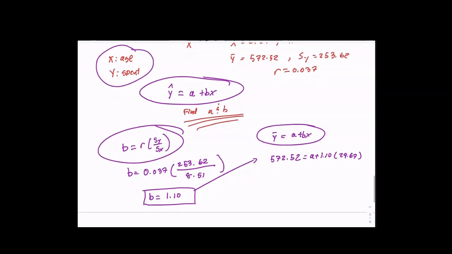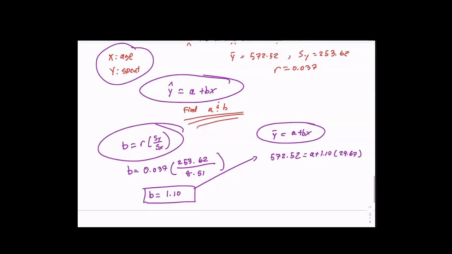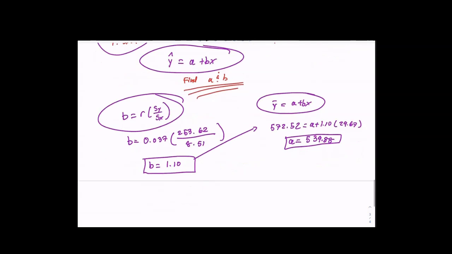Doing that, multiplying and subtracting, you get A equals 539.88, which now gives me my model. I predict the amount of money that they will spend based on age: predicted spent is equal to 539.88 plus 1.10 times their age.